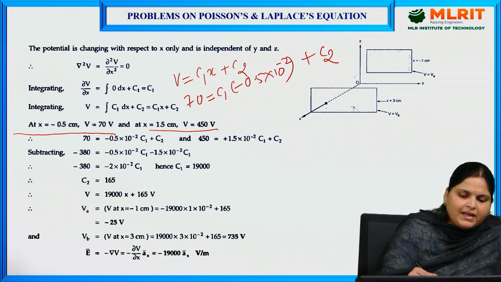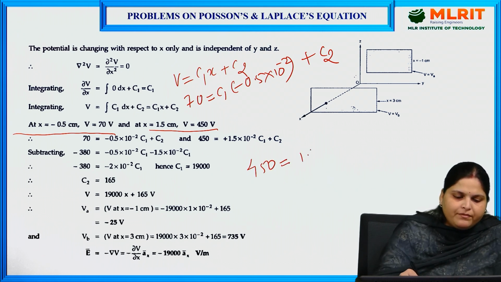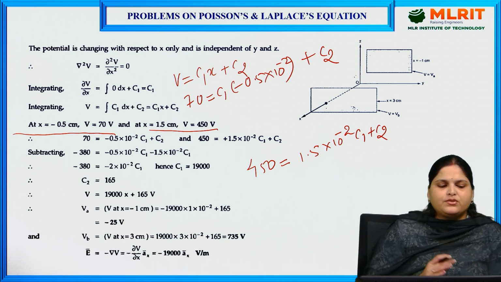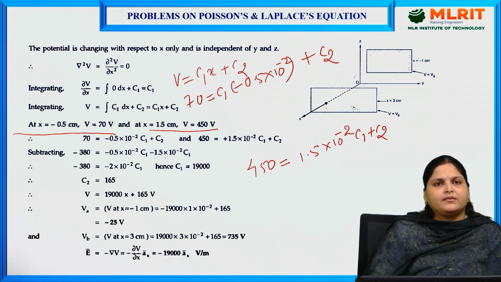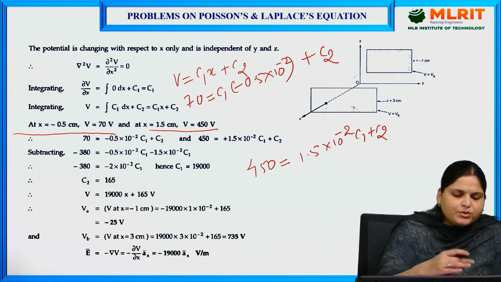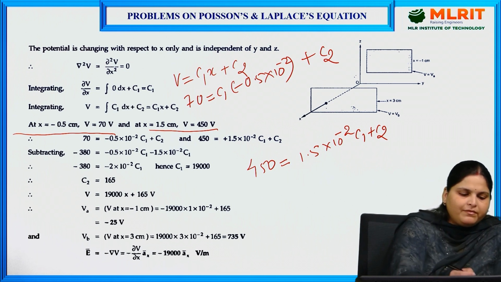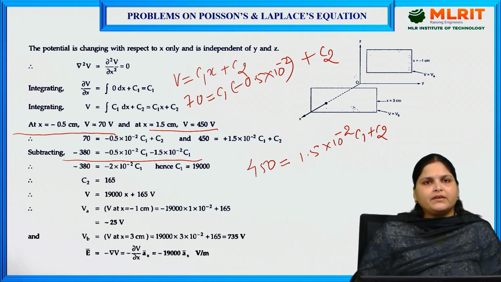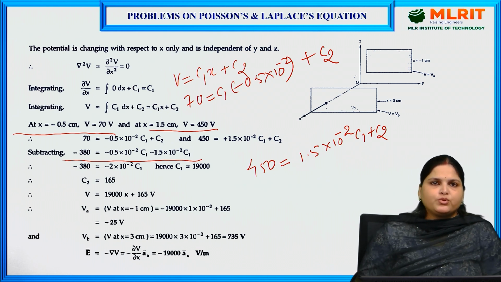And second time we will put 450 with x is equals to 1.5. So 1.5, it is in centimeters, so we will write 450 is equals to 1.5 into 10 to the power minus 2 C1 plus C2. These two equations we are getting. Now we will further solve it and we will find minus 380 is equals to 0.5 into 10 to the power minus 2 C1 minus 1.5 into 10 to the power minus 2 C1.